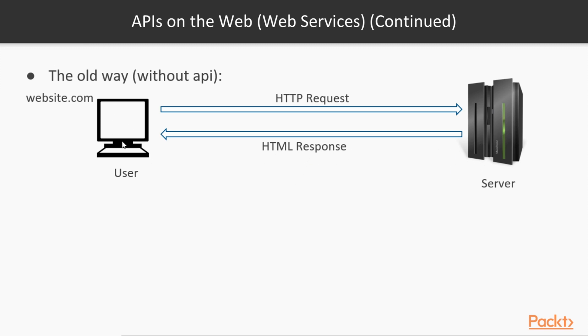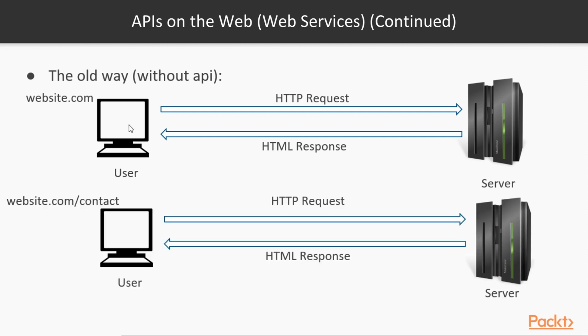So the browser took the response in HTML, rendered it on the screen, and the user can now see website.com. Also, once the user is on website.com, he wants to go on to website.com/contact. So the browser refreshes again, makes a full HTTP request to the server, and the server responds with an HTML response. And this is the old way, without APIs.